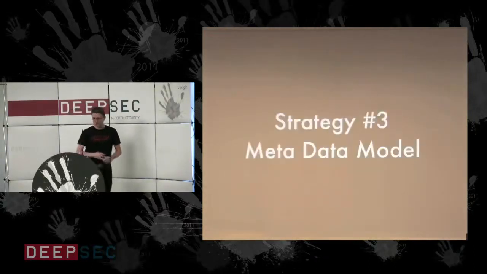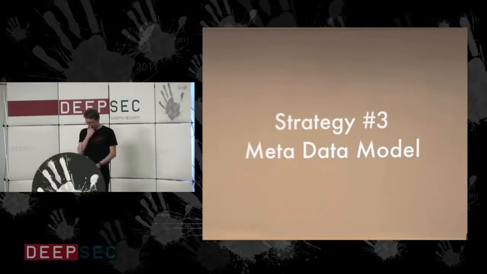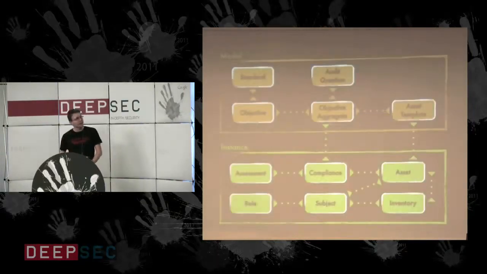The third strategy is the metadata model. So we went and did that model, which is over here. These are actually two separate sectors. The upper one is called the model, the lower one is called instance.